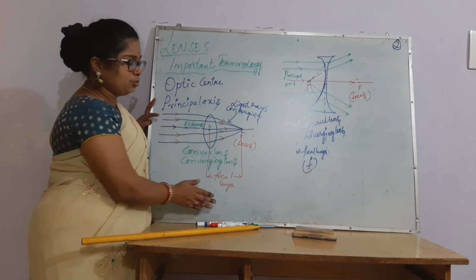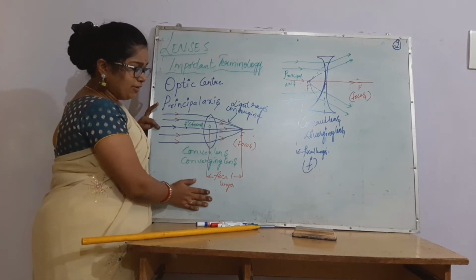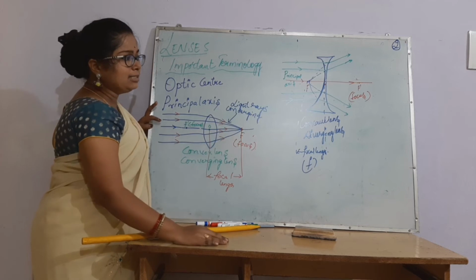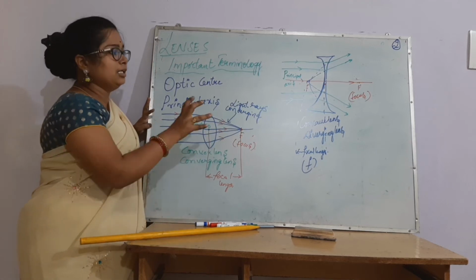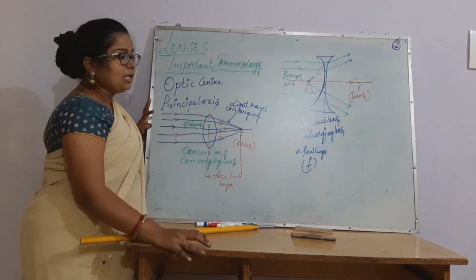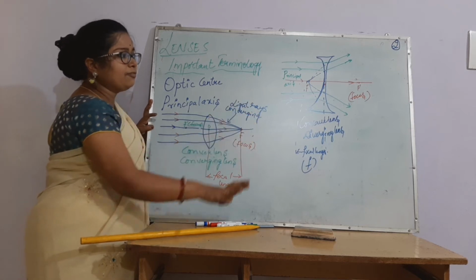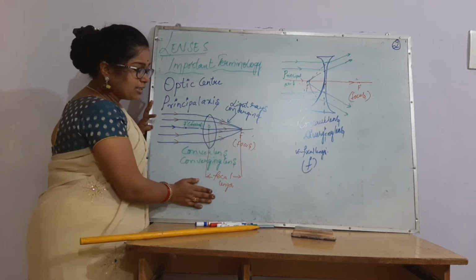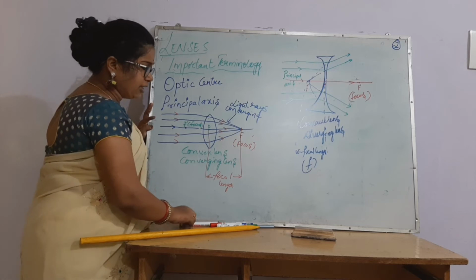But mainly we will use the convex lens and the concave lens. To some extent we will learn only a few things about the convex lens, and very few things about the concave lens. This is a convex lens. How will the convex lens be?